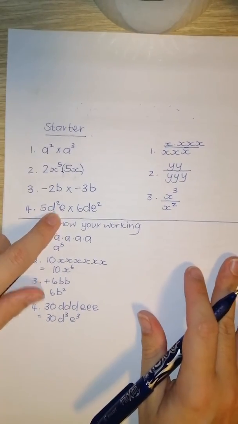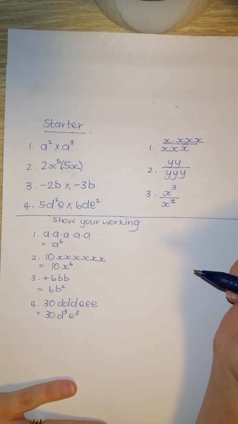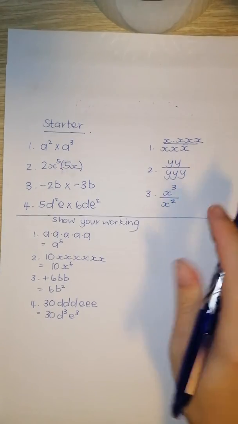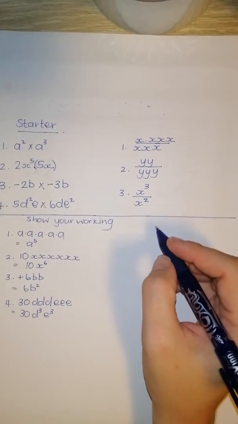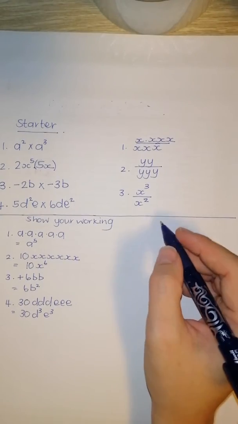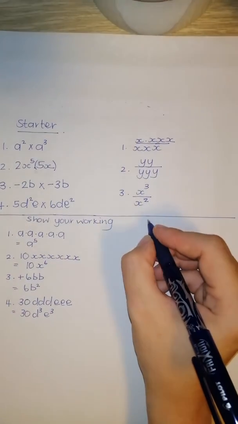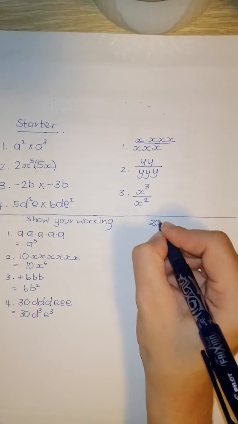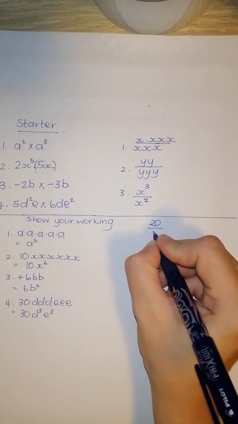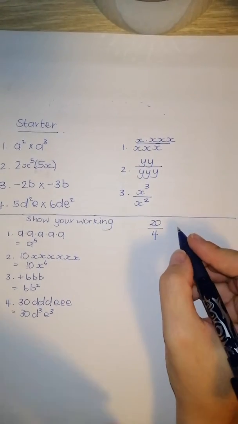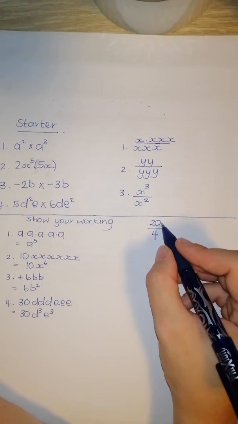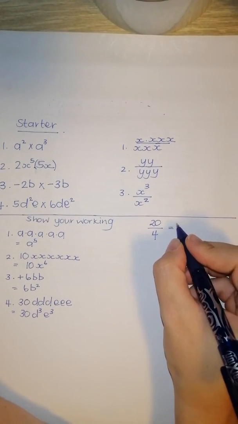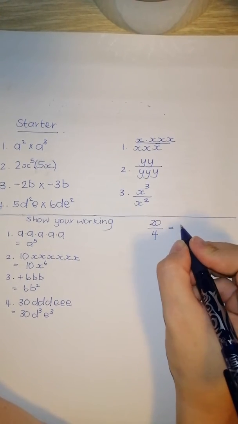Okay, and now let's have a look at simplifying these fractions. Before I simplify this, I would like to remind you how it works when you simplify a fraction if you've got numbers. So if I had, let's say, 20 divided by 4, I can also rewrite 20 and 4 into multiplying their factors.